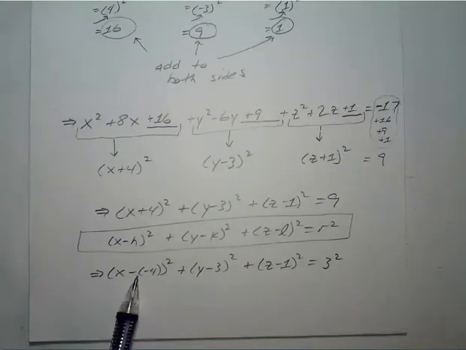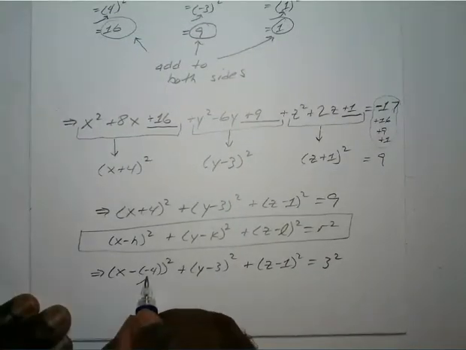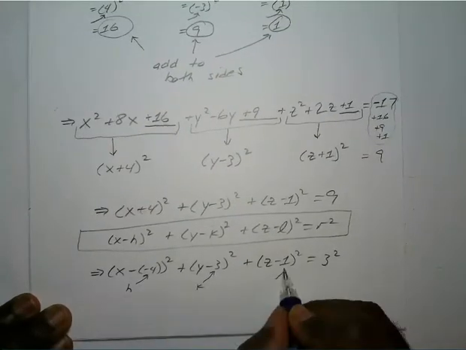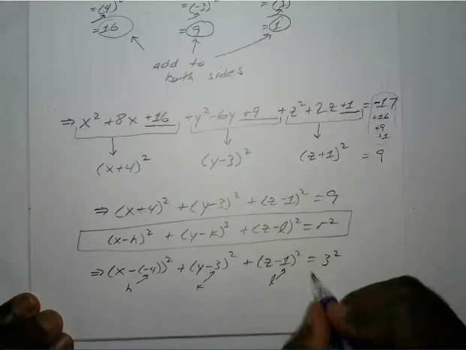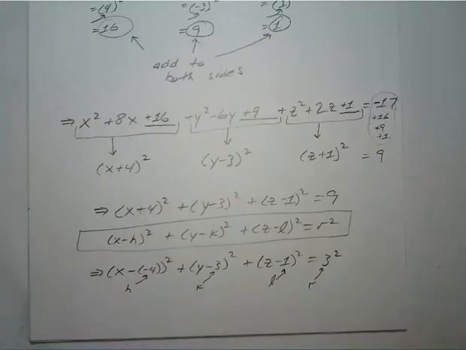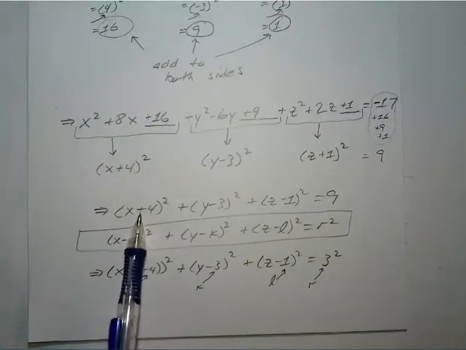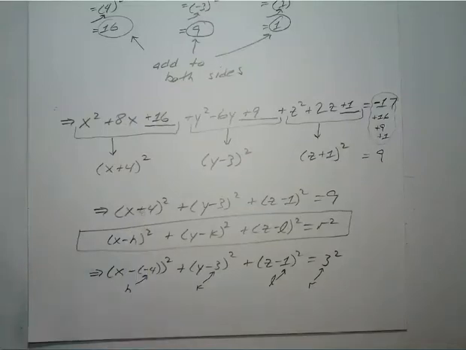Okay, so this gives us our h, our k, and our l, and of course, our r. Now this step here is really important. You'd hate to do all of that work and forget to change those pluses inside parentheses to minus. That's that last step you don't want to forget.